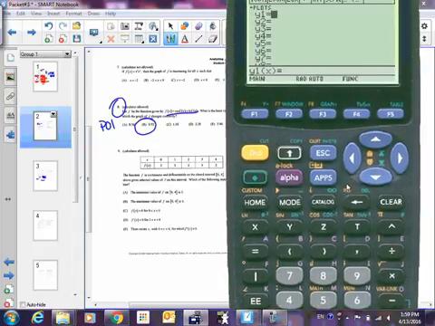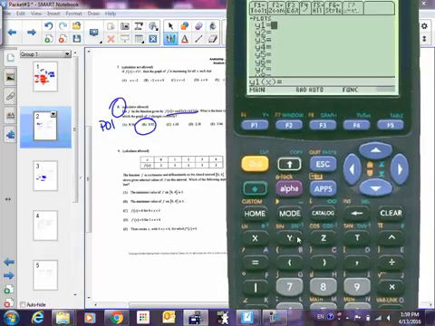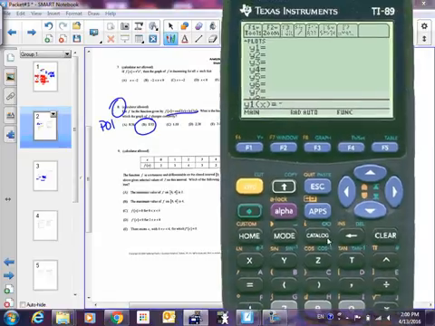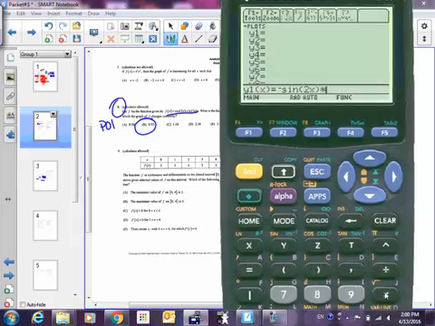Derivative of cosine is going to be negative sine. And then we're going to type in the exact same thing, 2x. And then we're going to multiply by the derivative of the inside, which would be 2.